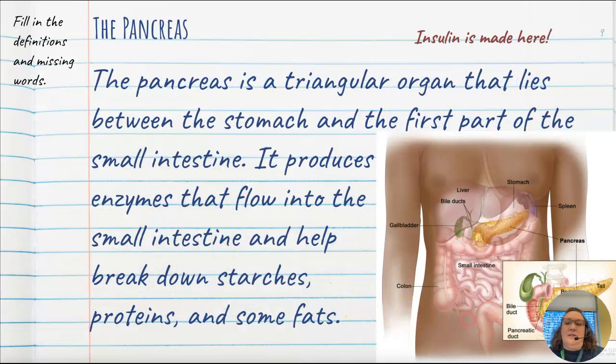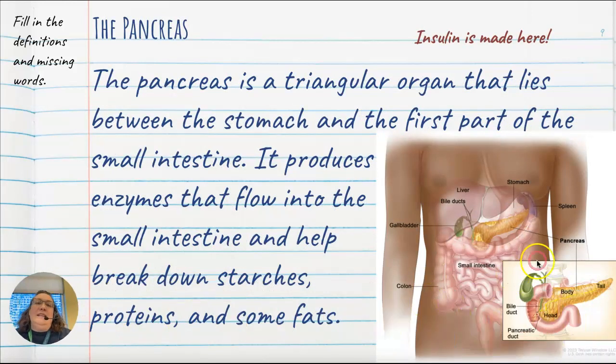The pancreas is a triangular organ that sits up here at the top between the stomach and the first part of the small intestine. It's where it makes all the enzymes that are going to flow into the small intestine to help you break down starches, proteins, and some fats. Mostly it's going to be starches and proteins. The fats primarily get dissolved by a different chemical.